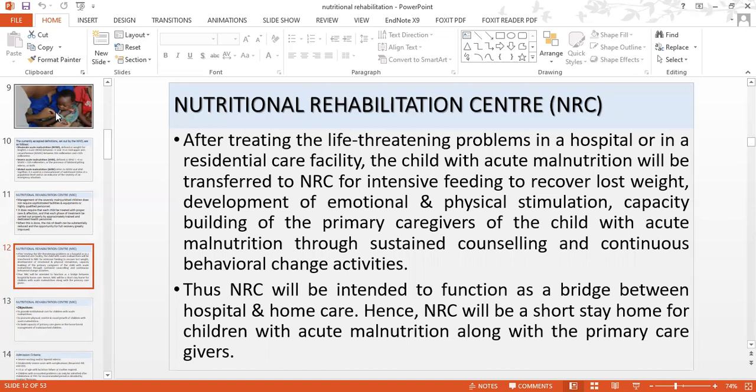So the Nutritional Rehabilitation Center acts as a bridge between the hospital and home care. They are basically a homestay for children with acute malnutrition along with the primary caregivers.